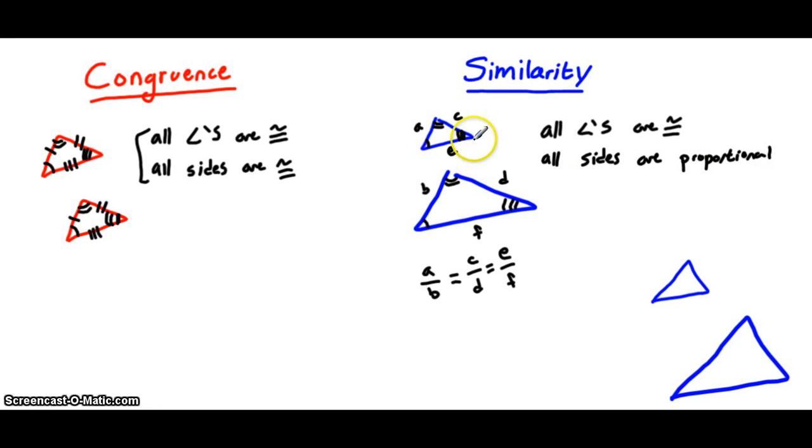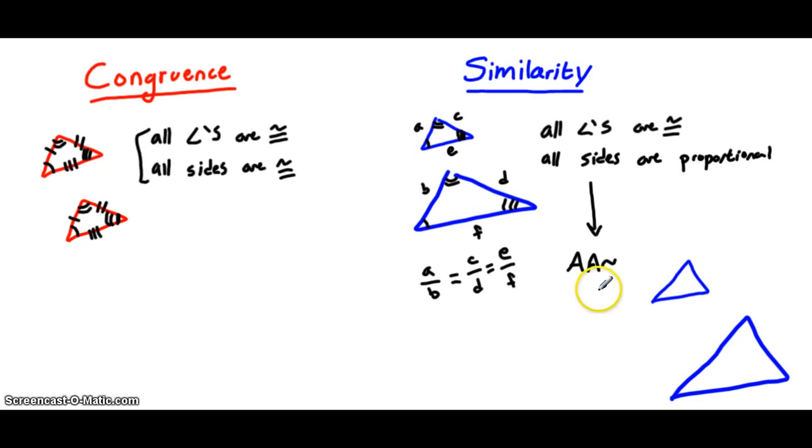Now, with triangles and triangles only, we have a couple of shortcuts we can use. Instead of having to check that every angle in the two triangles are congruent and every side is proportional, we can use one theorem called angle-angle similarity, which states that if you just check that two of the angles, one angle, another angle, are congruent, then in fact both of those triangles must be similar to each other. And therefore, there's no need to check any of the sides.